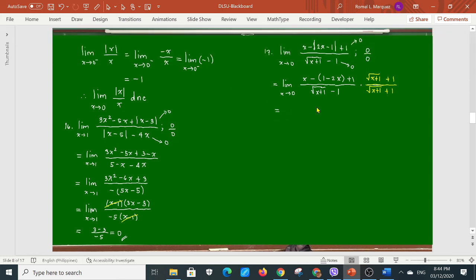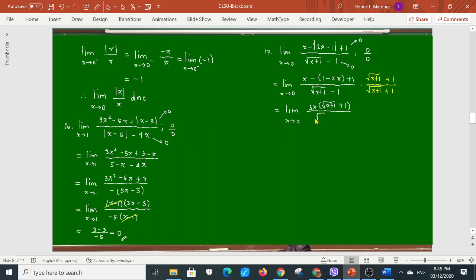Equals. What about the numerator and denominator? What is the simplified form of the numerator? X plus 2x, 3x. Negative 1 plus 1, so just 3x, right? Times the conjugate that we multiplied, square root of x plus 1 plus 1. A combination of earlier and the radical, I mean radical and absolute value. A plus B, A minus B, A minus B, A plus B. What's the product?